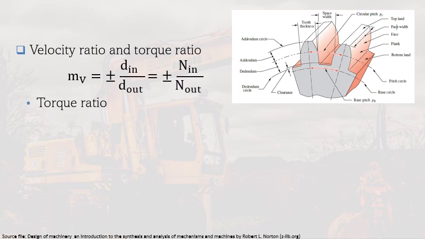Note that the minus sign implies an external gear set, and a positive sign denotes an internal. So, again, our velocity ratio is just the reciprocal of the torque ratio. And they can also be related to the pitch diameter and the number of teeth.